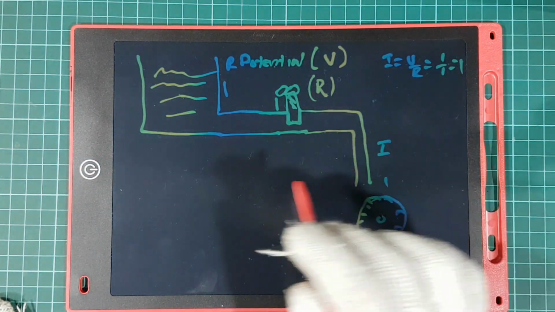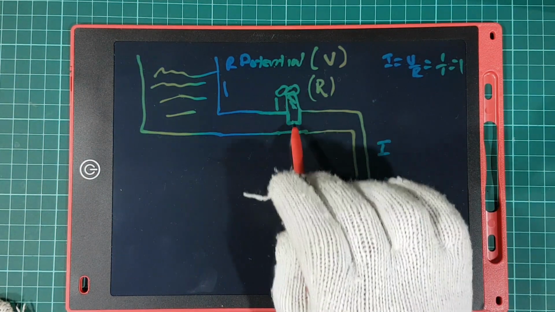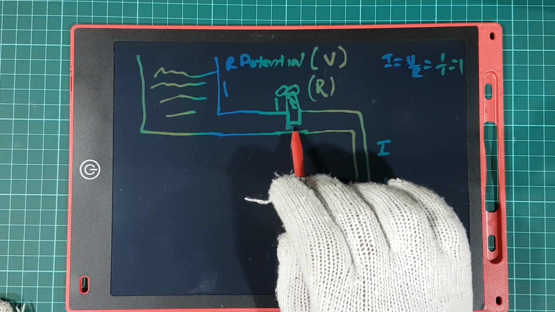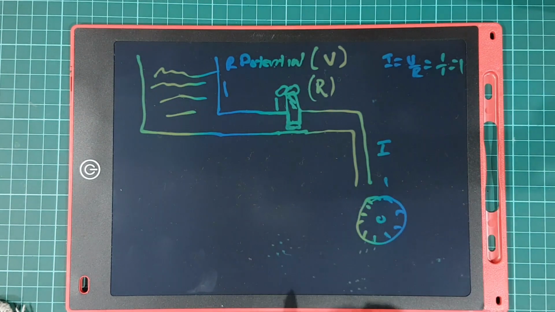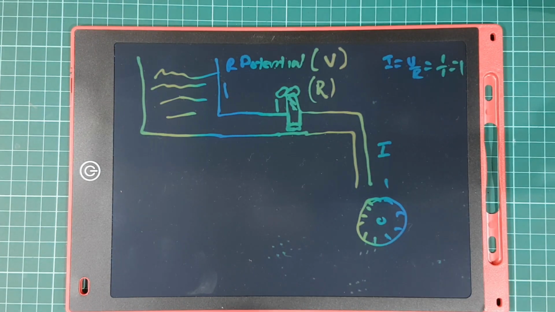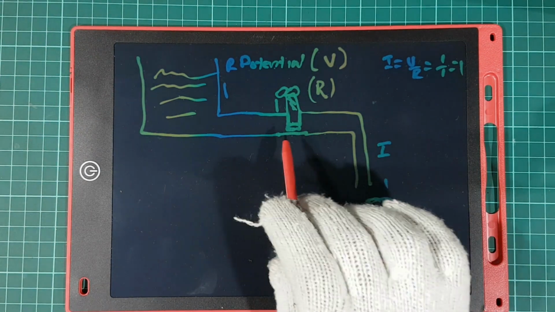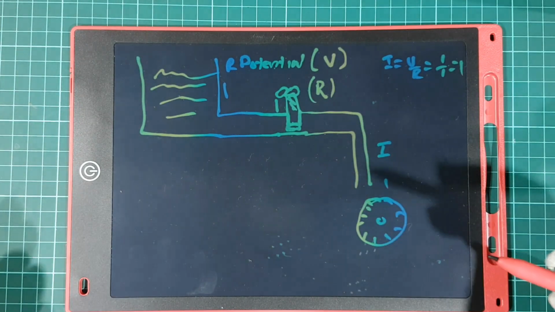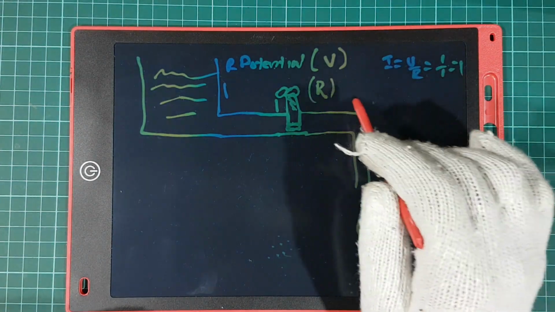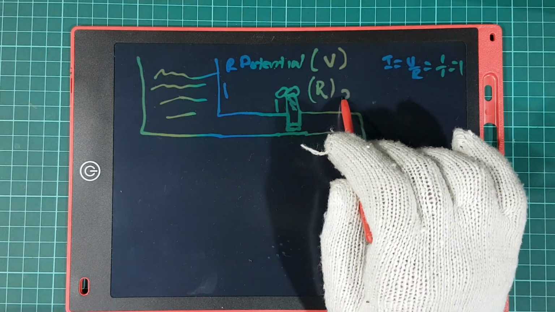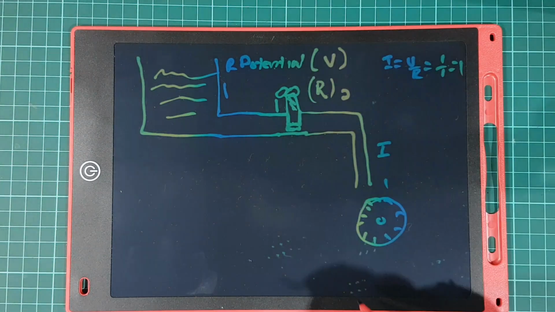Simple. Now suppose we screw this in and we halve the gap of the water flow. Now that we have half the water flow, our resistance will be double. So our resistance will now be 2 units because we've doubled our resistance.